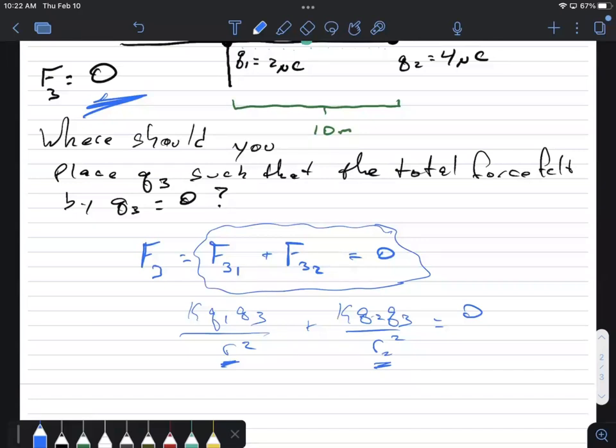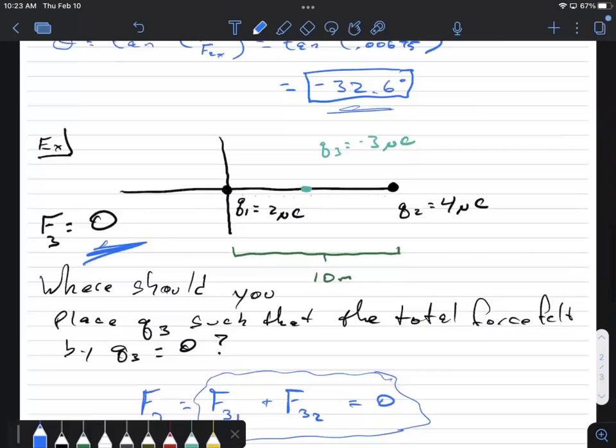Now, at first, it looks like we have two unknowns sitting here, right? We don't know R1, which is the distance from 1 to 3, and we don't know R2, which is the distance from 2 to 3. But really, what we can do is be fancy. And this I need to show you because very few are aware of this trick.